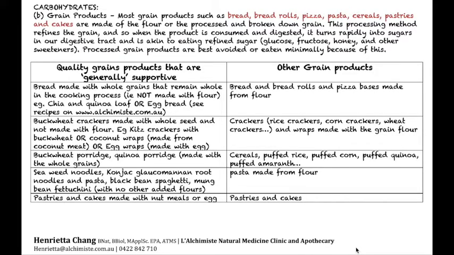So again, what we have is a table here below, which has quality grain or quality grain products that are generally supportive, and then you have the other grain products on the other side. With the other grain products, it's marked in their bread and bread rolls, pizza bases made from flours.